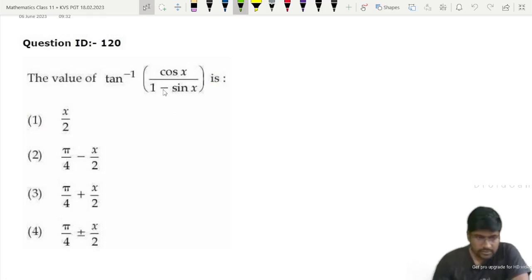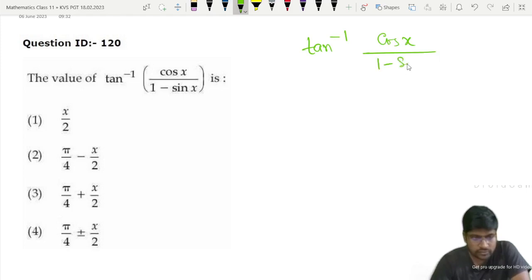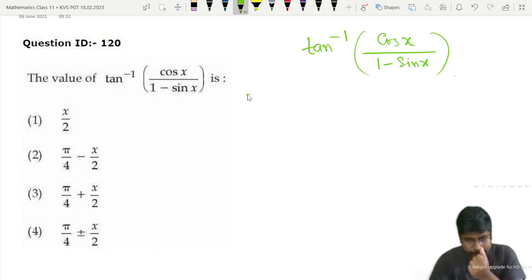This is from trigonometry. The value of tan inverse of cos x divided by 1 minus sin x. Okay. So let us do some simplification by applying the formulas of trigonometry. This value we have to find. So this will be tan inverse.